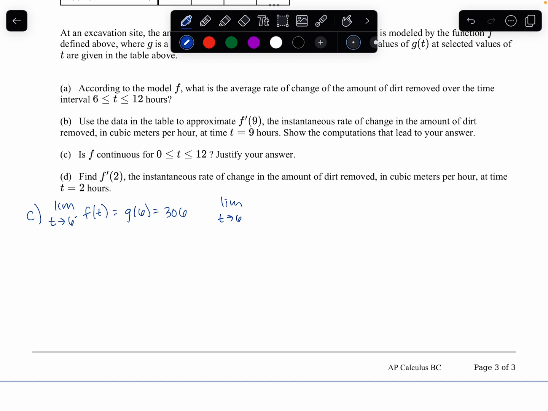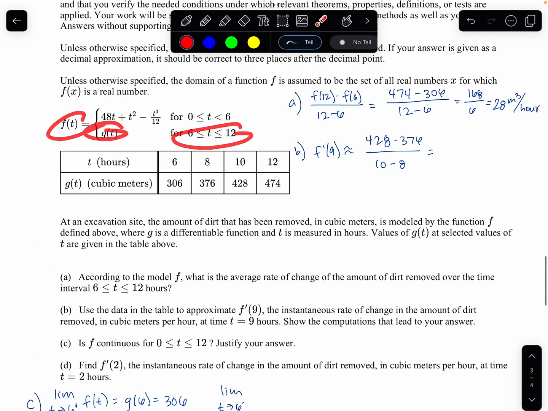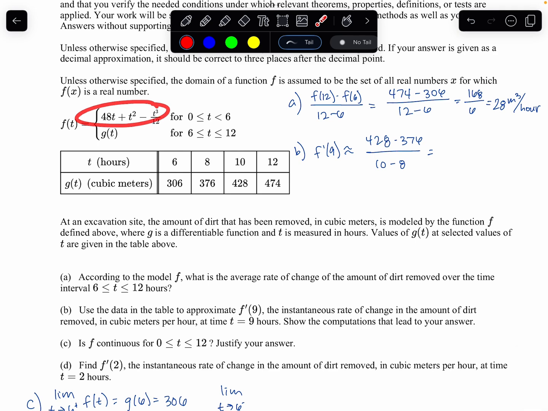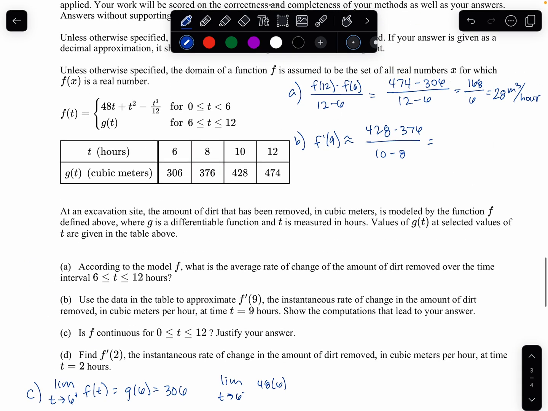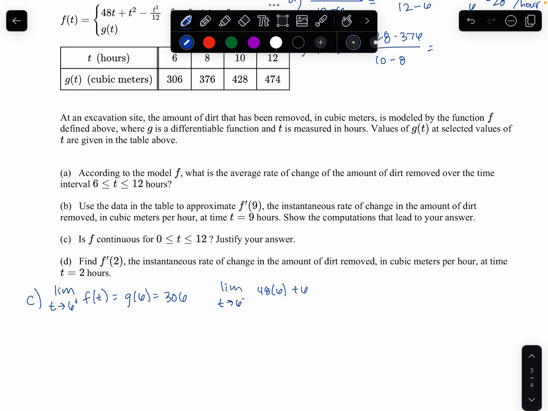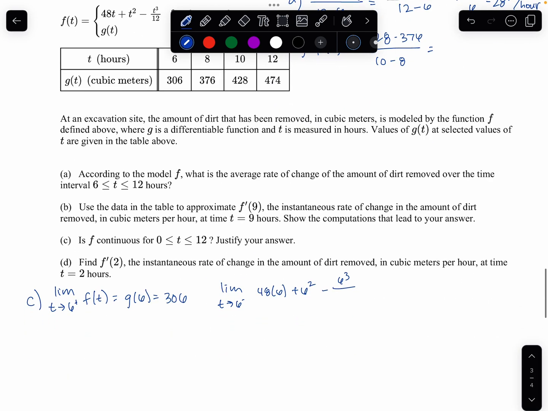Now let's try the limit as t approaches 6. Oh my gosh, that was from the right side. I evaluated that from the right side first. Okay, from the left side. From the left side, we're using this function right here. So let's plug in 6 here and see what we get. So that's going to be 48 times 6 plus 6 squared, and then minus 6 to the third over 12.